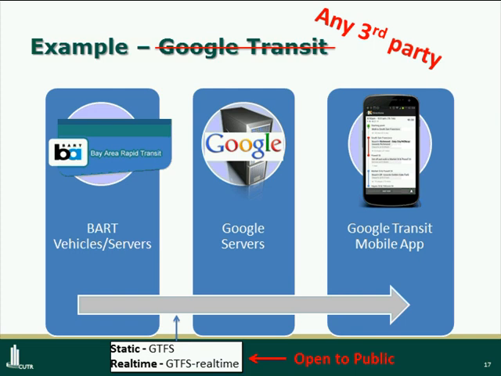For example, Bing has, within the last year or so, started providing transit service using GTFS data from many transit agencies similar to BART. So this is why open data is important.